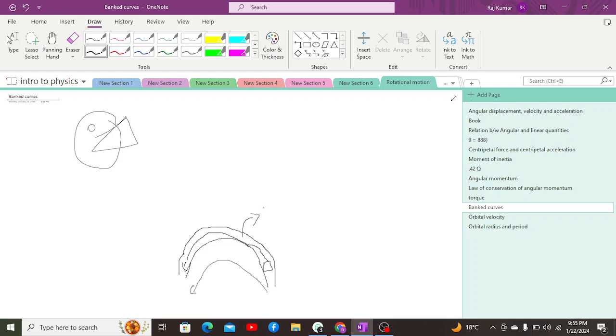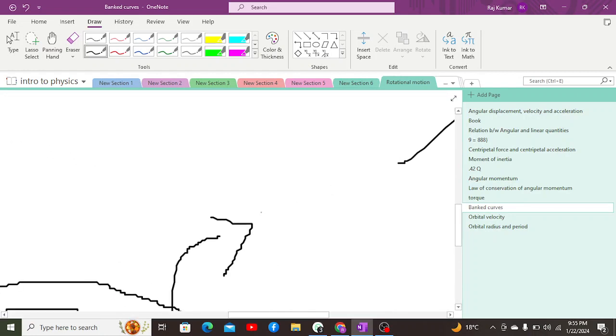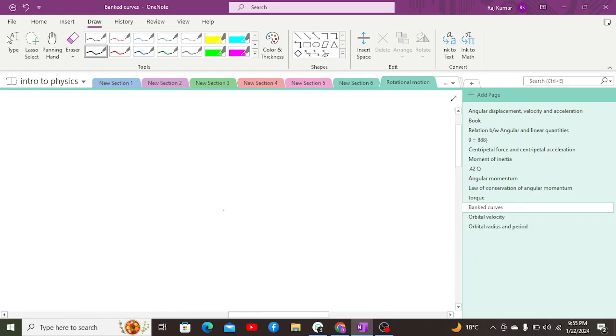In order to direct it towards the center of that curve, there is a technique utilized by our governments: banked curves. Let me try to draw a simple structure. Let's suppose this is the road going on, and here at the sides the roads are a bit curved, which means a bit steeper.